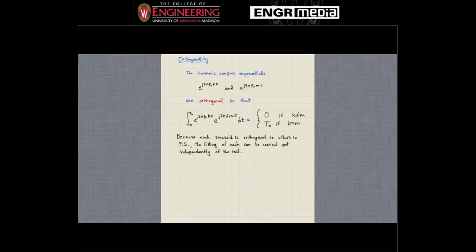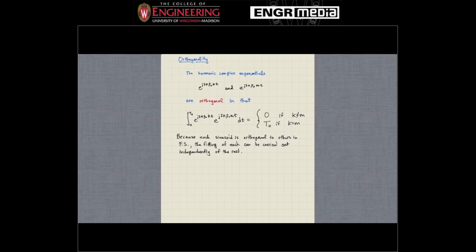Okay, so let's say a few quick things. I just want to mention orthogonality, which is a general principle that comes up in linear algebra and in different places in signal processing. The property that these harmonic complex exponentials have that makes them so appealing is that they're orthogonal.